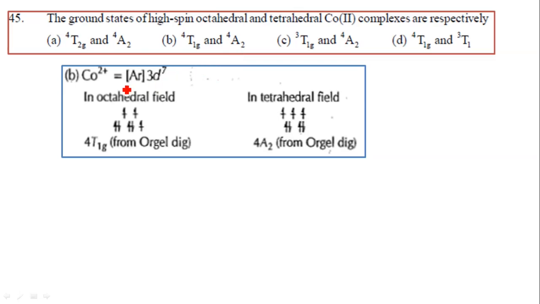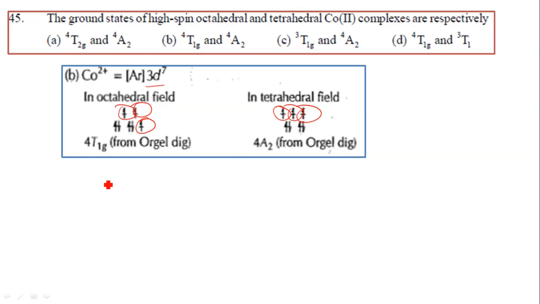You see the cobalt 2 complex is 3d7. In an octahedral field, they have said that it is a high spin complex: 1, 2, 3, 4, 5, 6, 7. There are 3 unpaired electrons. And in a tetrahedral field: 1, 2, 3, 4, 5, 6, 7. Here also there are 3 unpaired electrons.